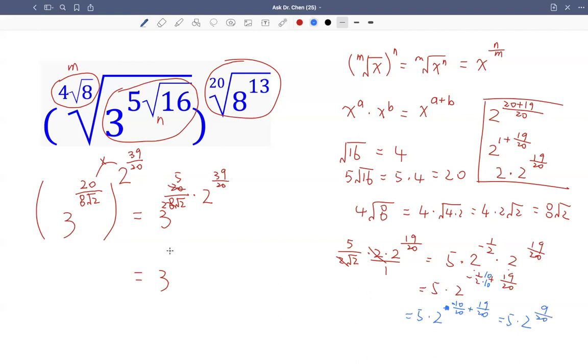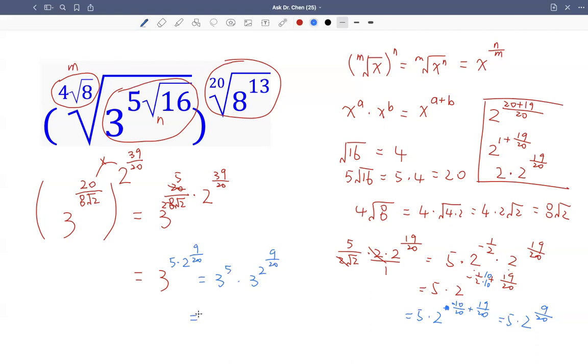So let's write back here. So in the end, we have 3 raised by 5 times 2 raised by 9 over 20.